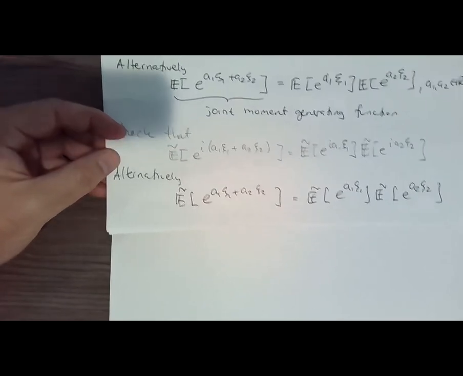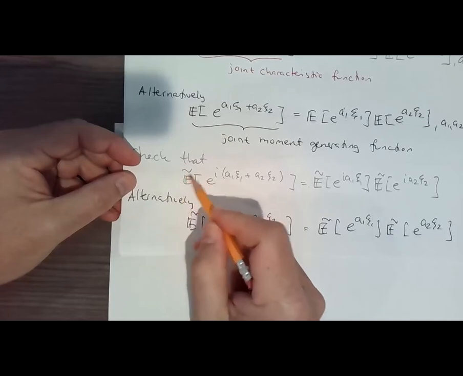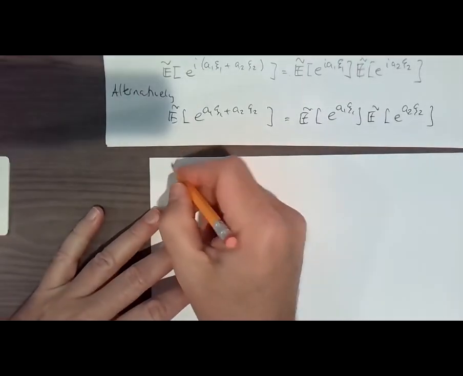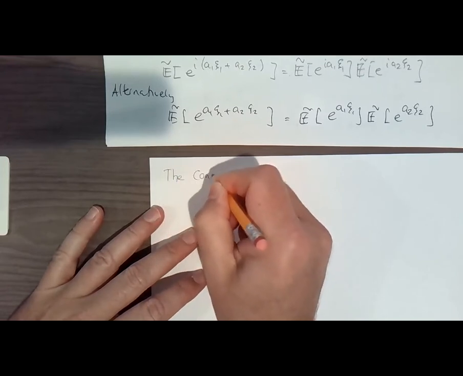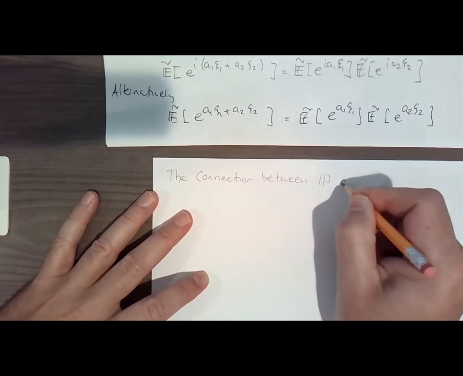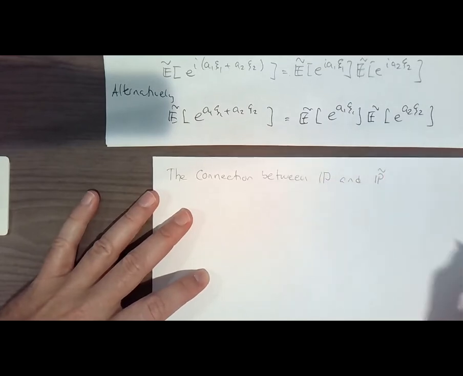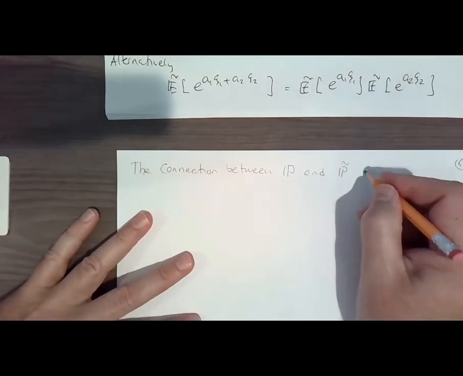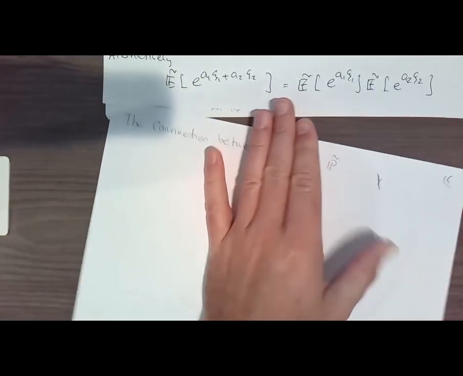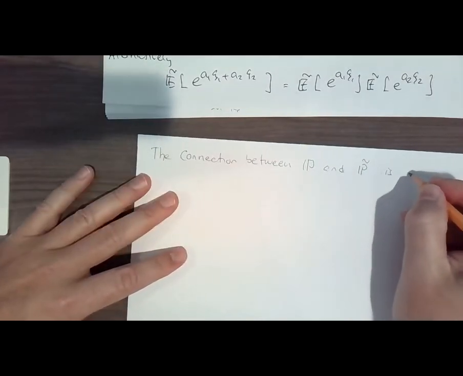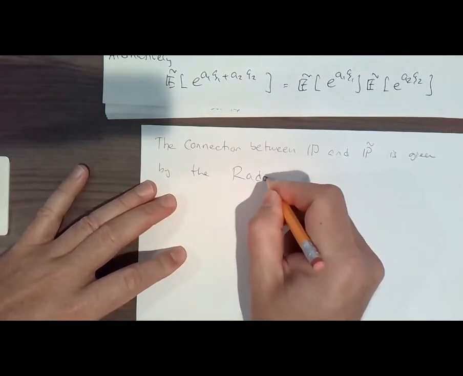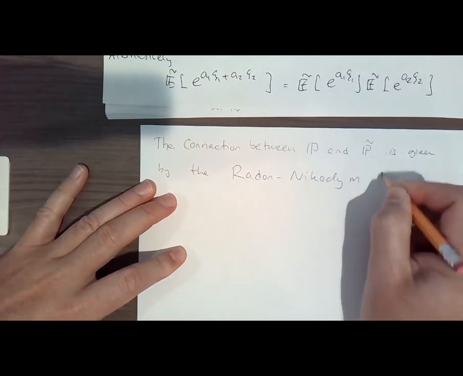What I need is to somehow bring these expectations under the tilde measure back to something that has to do with expectations under P. The connection between P and P tilde is given by, and here comes the new word, the Radon-Nikodym derivative.